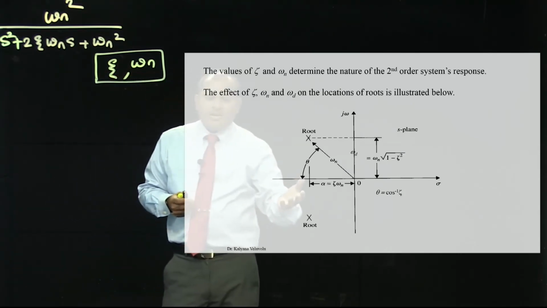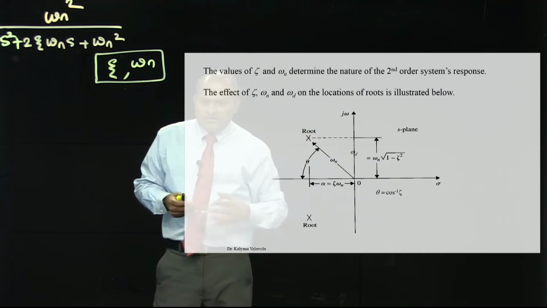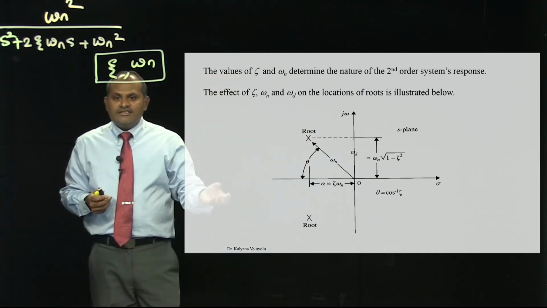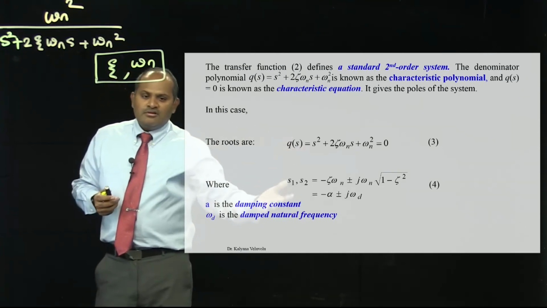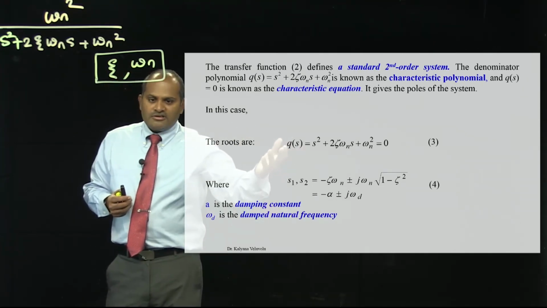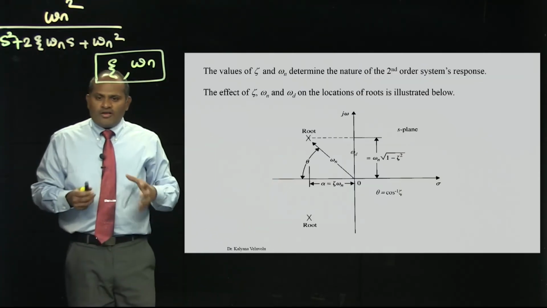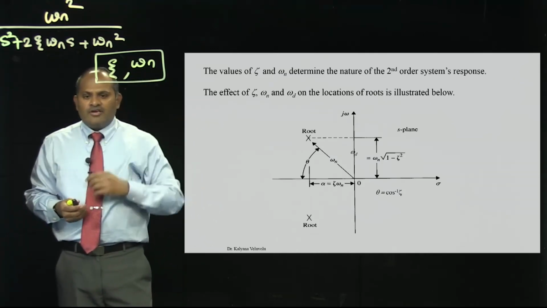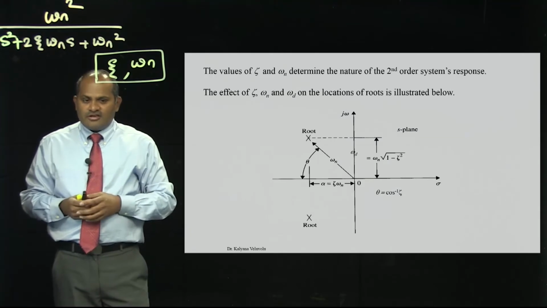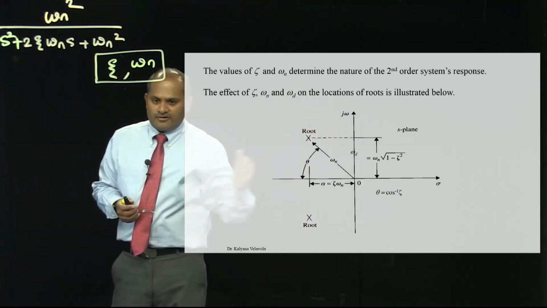So for the time being, we just need to understand how these parameters are dependent on the location of the roots. So the roots change depending on eta and omega n. So depending on the system, depending on the characteristic equation, we have this kind of roots. For example, I have two systems. I have a Ferrari, I have a Kia Morning, just like we discussed in the last class. Ferrari roots will be different, Kia Morning roots will be different.